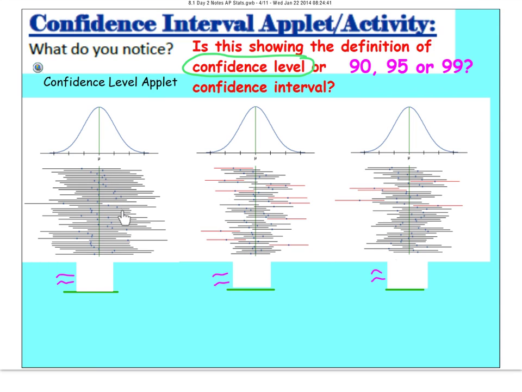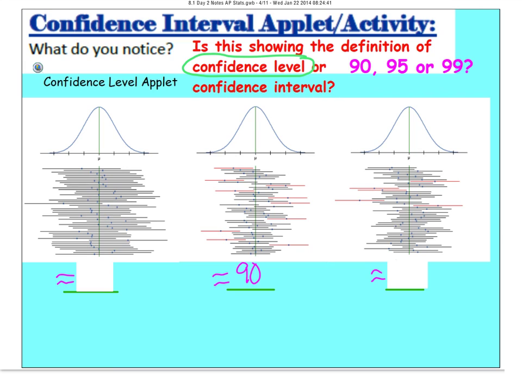Well, if you assume that we have about 100 different intervals graphed here, even though it's not exactly that, you're going to notice on this middle one, for example, we have 1, 2, 3, 4, 5, 6, 7, 8, 9, 10 of them, not including the true population mean. This one right here would be defined as the 90% confidence level.